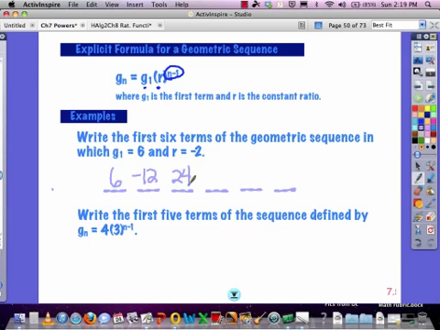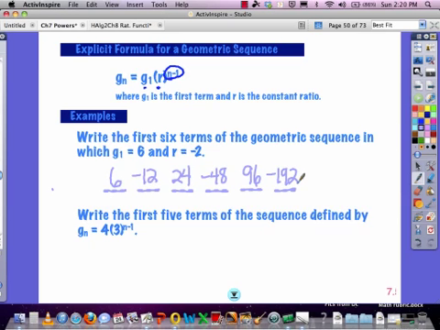It's a little different than what we've seen before. We have a positive-negative look in our sequence. 24 times -2, we get -48. -48 times -2, we get positive 96. And then 96 times -2, we get -192.